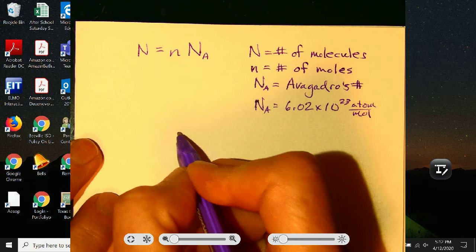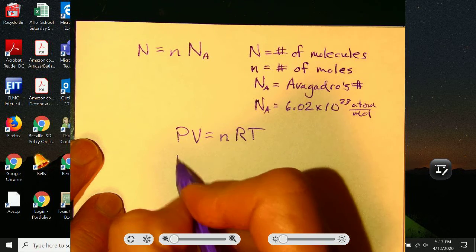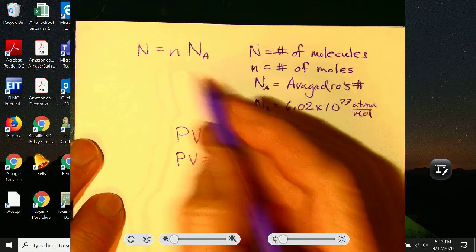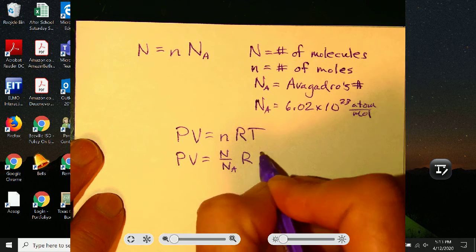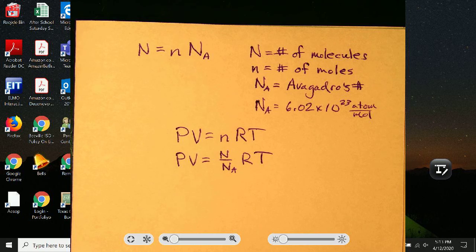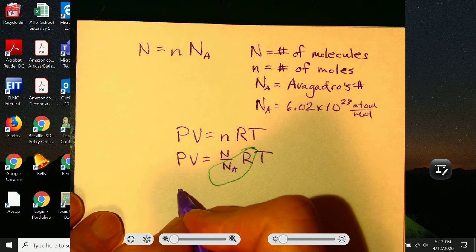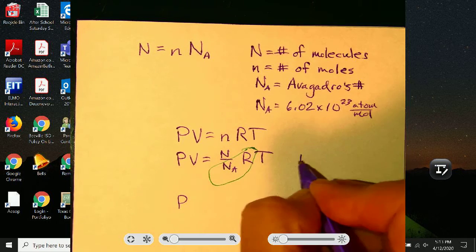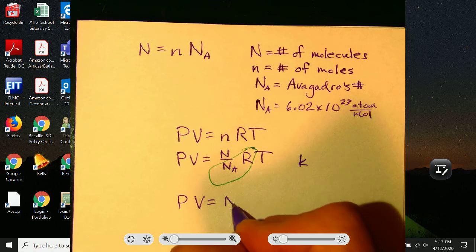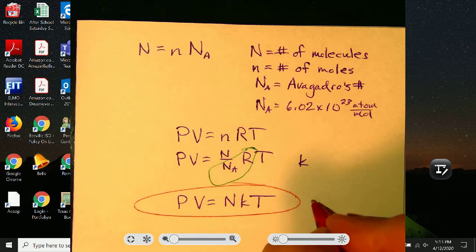Well, if that's the case, then our ideal gas law equation, PV equals nRT, now becomes PV equals N divided by N_A, the number of molecules over Avogadro's number, times RT. Since R over N_A is always the same value, we give it a new name, K. So this is PV equals capital N K T. This is the other form of the ideal gas law, in terms of number of molecules.